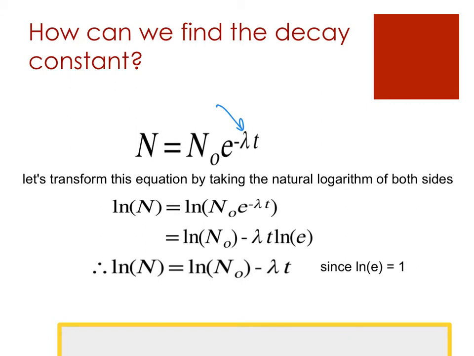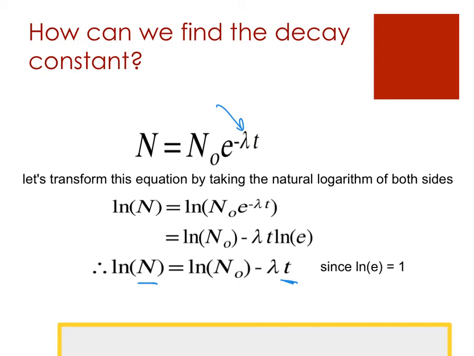Now, if I just clean this up a little more, because ln e equals 1, I get this equation. This might stand out for us because I've now got a full linear equation. Here's one variable and here's the other.